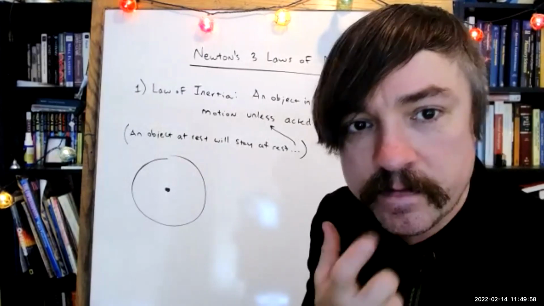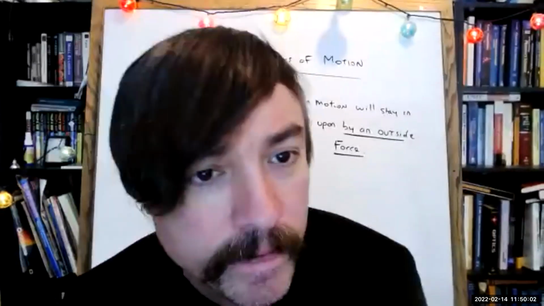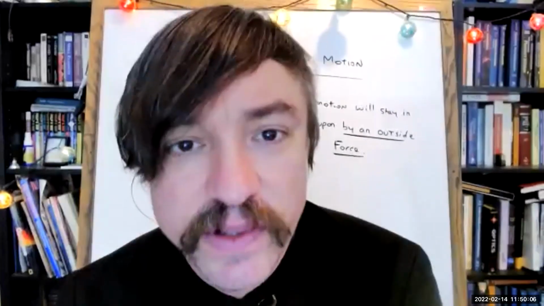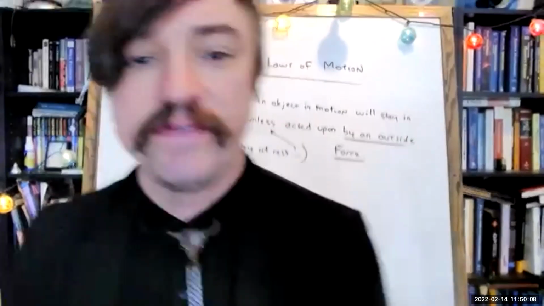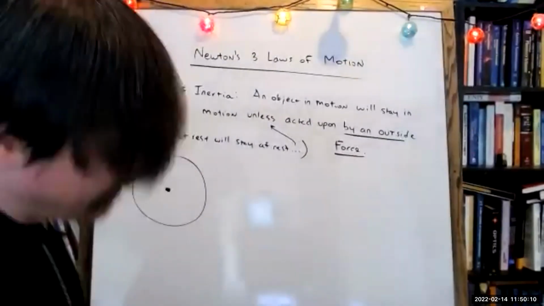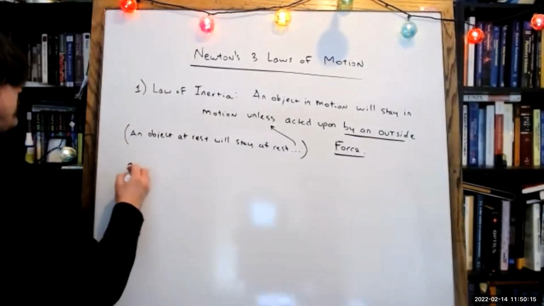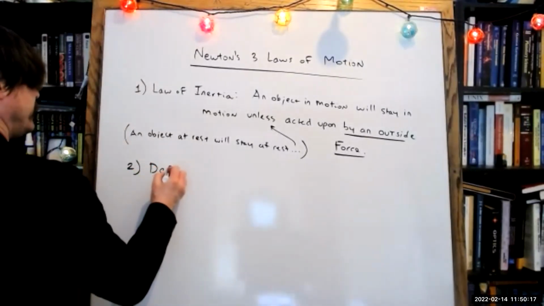Who's got notes? Who wants to talk to me and engage with me? Is it an acceleration? That's right, Cole. A change in velocity is the definition of an acceleration. This brings us on to law number 2. Law number 2 could be considered the definition of force.